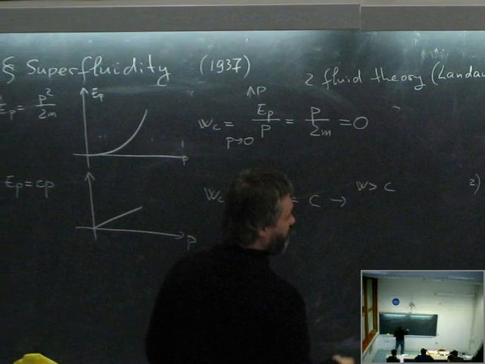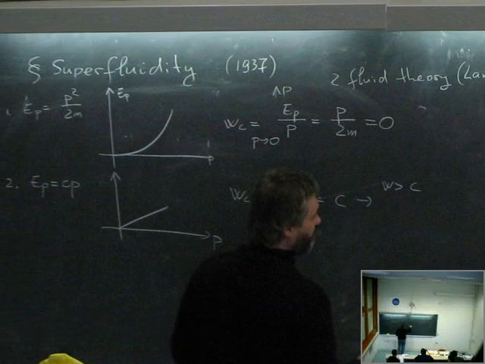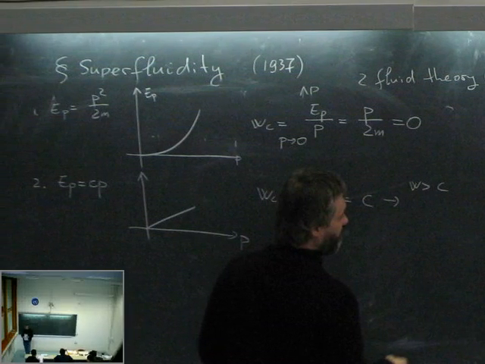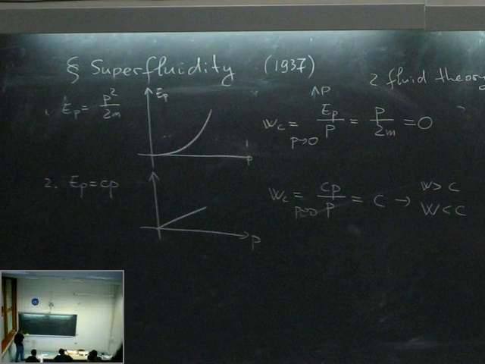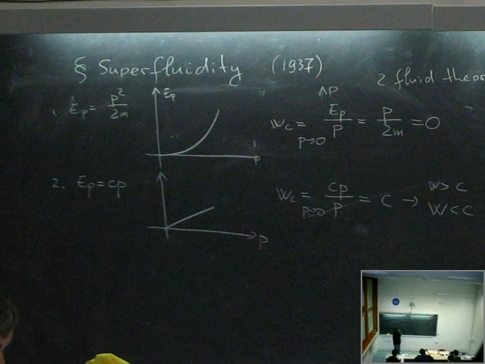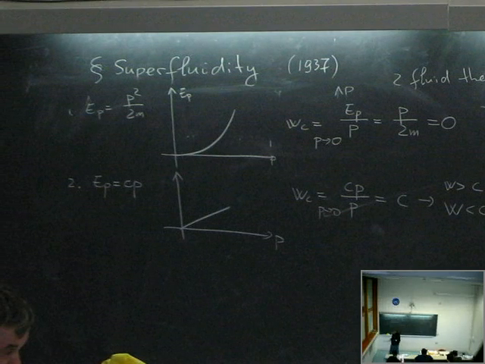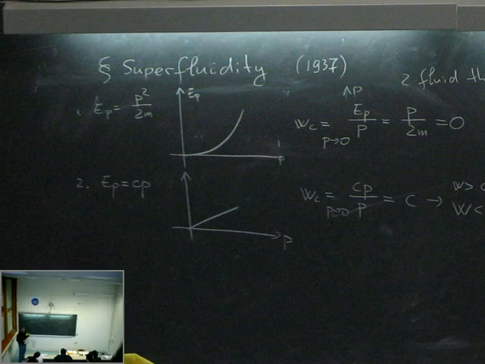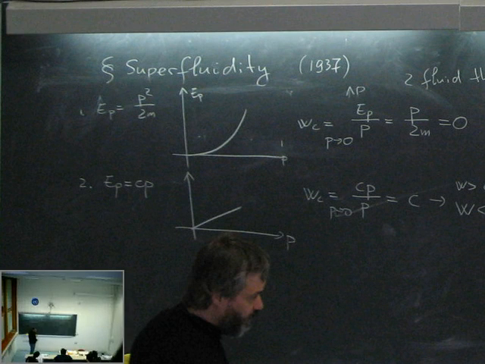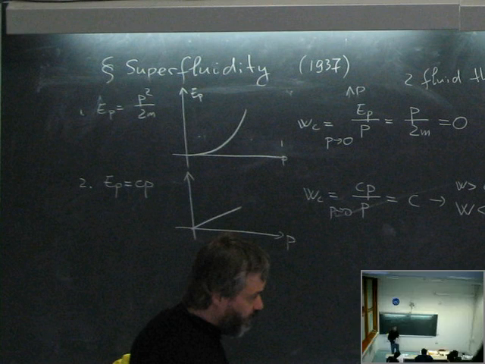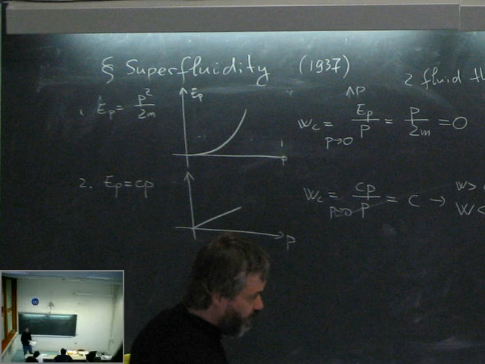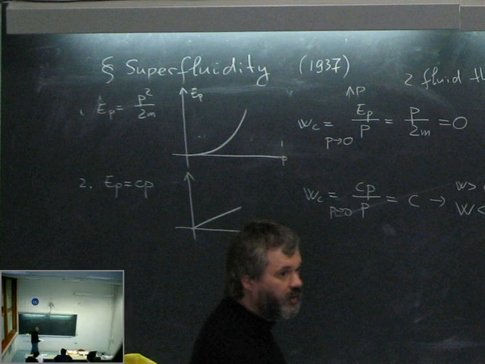If somehow the fluid runs with a velocity smaller than the sound velocity, it remains a superfluid. In superconductivity, we will discuss phenomena associated with destruction of the superconducting state when you run a current through the superconductor. And this is precisely a phenomenon of that sort. If you take a superconducting wire and apply a large voltage in such a way that there is a high current running through the system, a current larger than some critical value will destroy superconductivity.